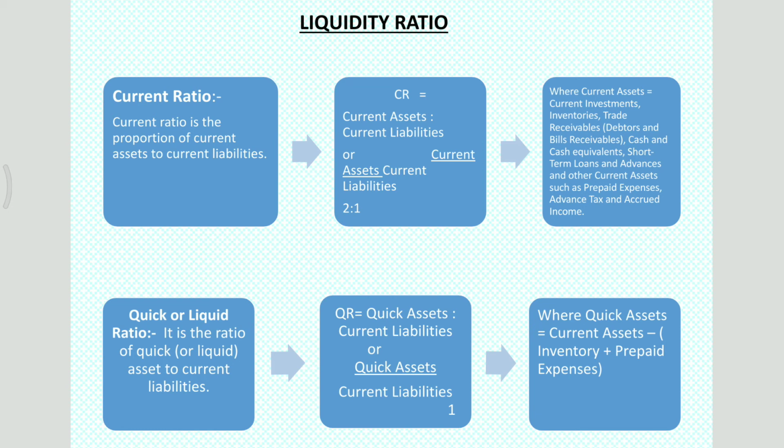There is a logic behind why we have deducted inventory and prepaid expenses. See, it is not in the hand of the organization to convert inventory into cash, into liquid asset.